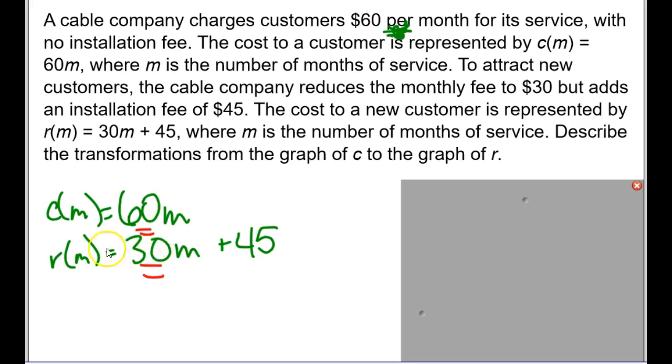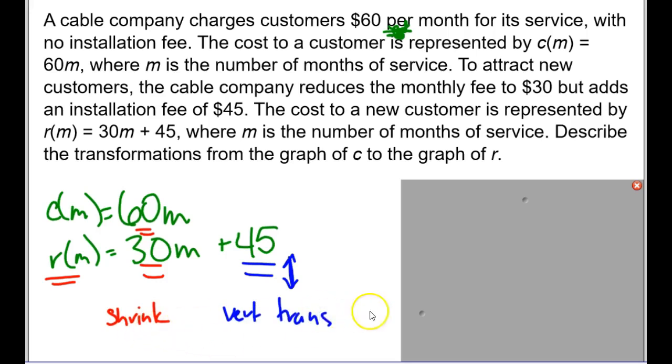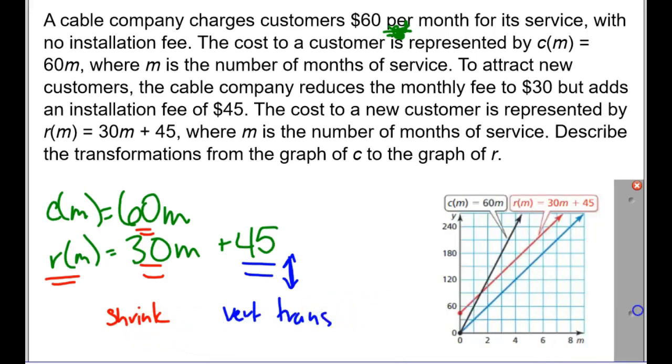My new function is half as much, so this is going to be a shrink because it's half as much. Then I also see this plus 45, which is outside of my parentheses, which tells me it goes up and down. So this is a vertical translation. So I have a shrink and a vertical translation, and let's look at these graphs.